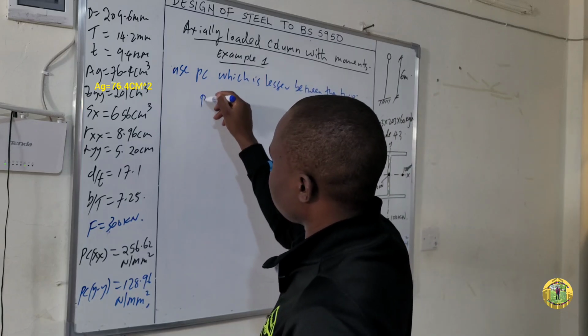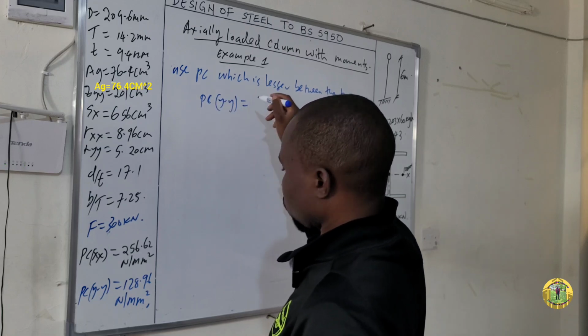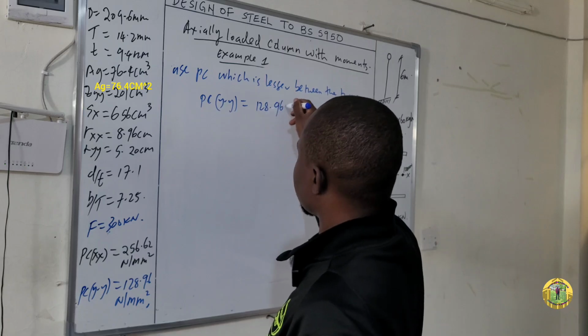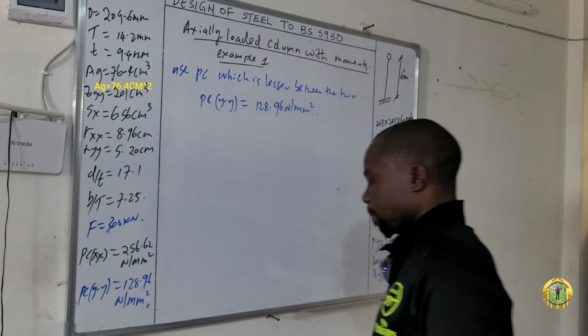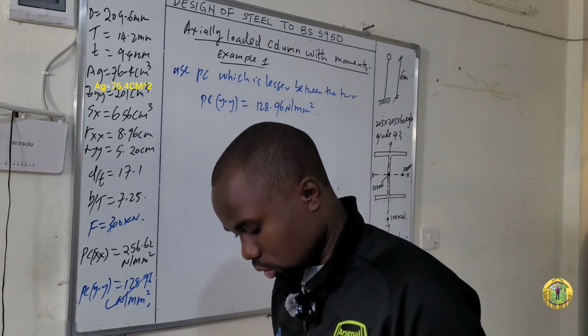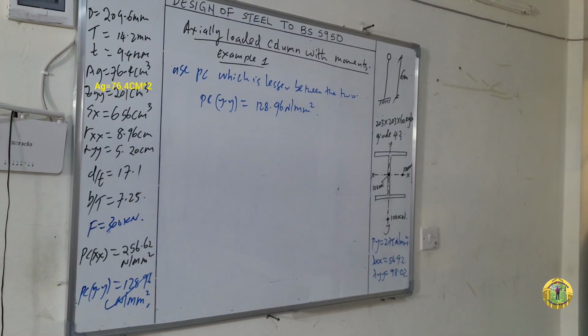So this PC is for the y-axis. So this one is equal to 128.96 Newton per millimeter square. This one. Like that.